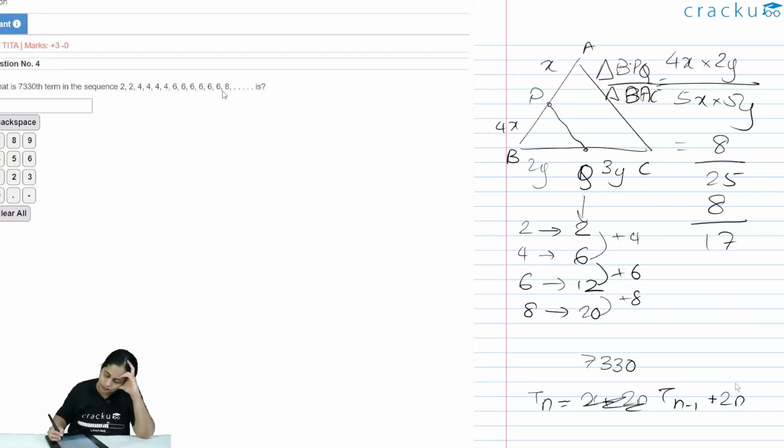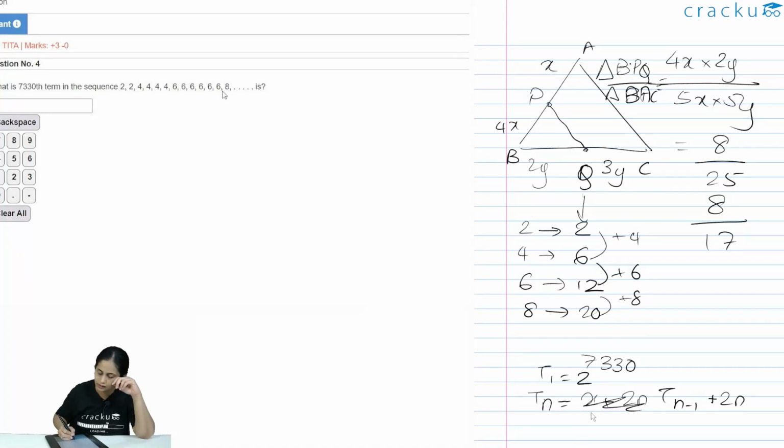So T1 is equal to 2, T2 is equal to 2 plus 2n, so that is 4, and so on. So we have to find out when this equals some previous number plus this.